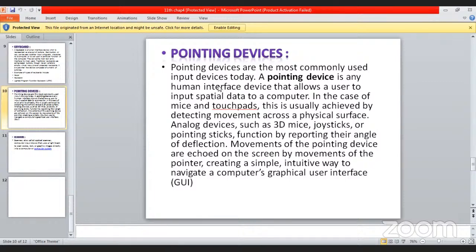In short, let's see the wireless mouse. What is a wireless mouse? A wireless mouse allows the user to move the mouse without needing to connect any wire to the computer. They usually use batteries or other charging devices for operation.